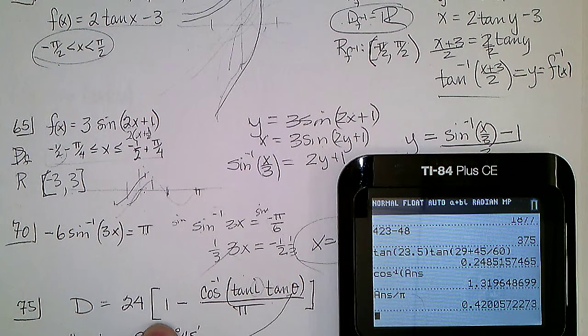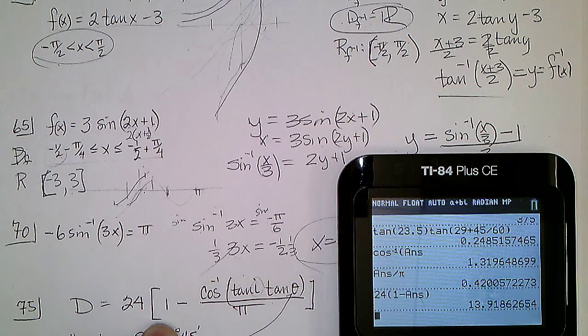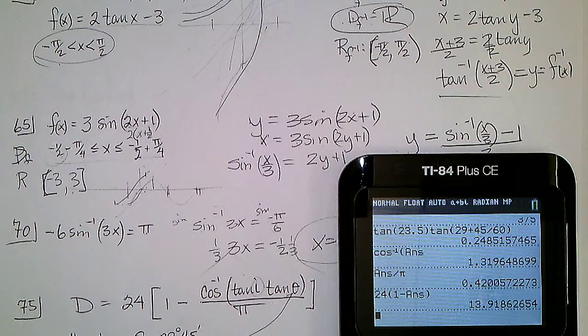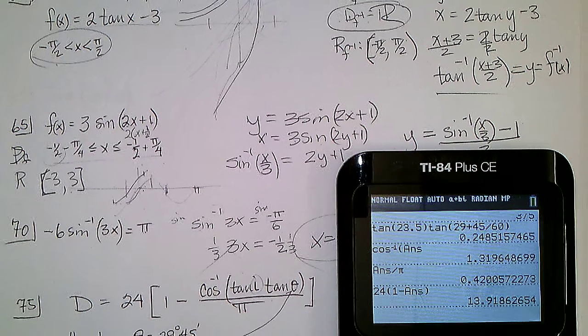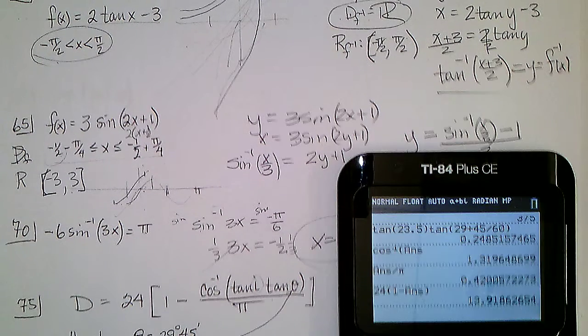And then do 24 parenthesis 1 minus that answer. And we get, for the first one here, summer solstice, 13.9 hours of daylight.